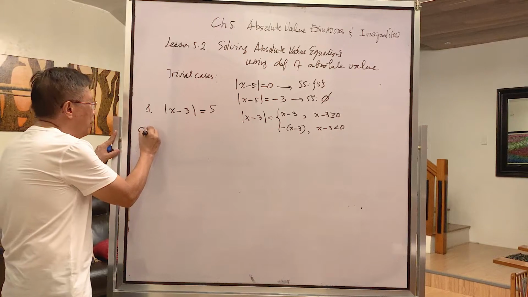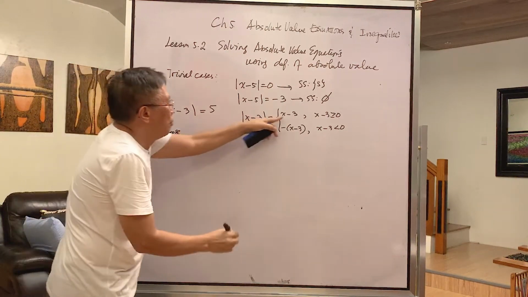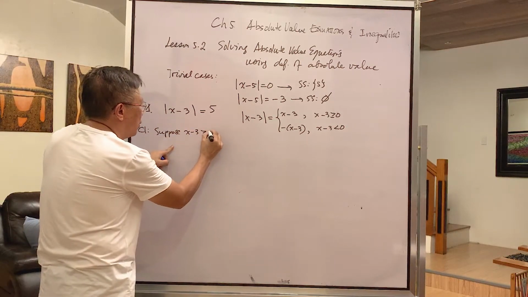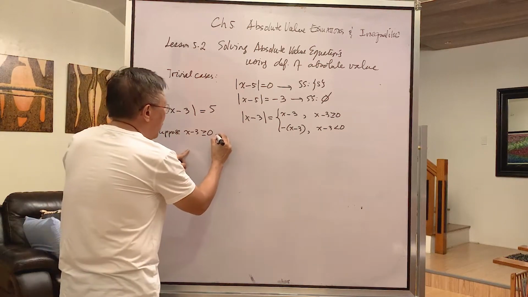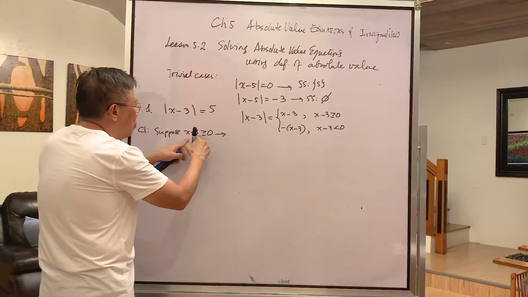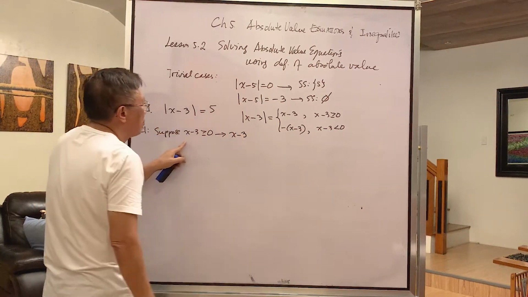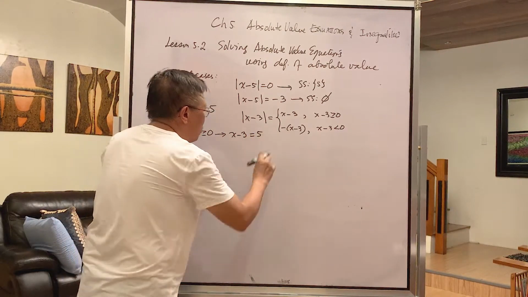Now, case 1 will be, suppose we have x minus 3 greater than or equal to 0. That means the number is positive. Then this implies that its absolute value will be itself. So we get here x minus 3 equals 5.